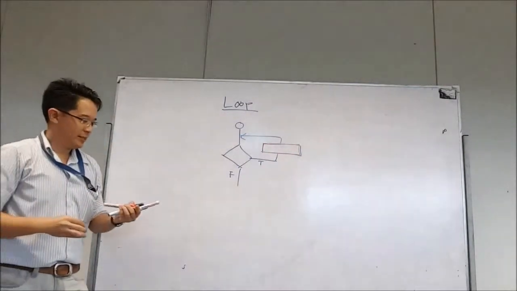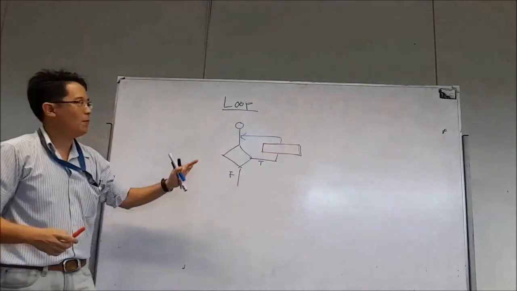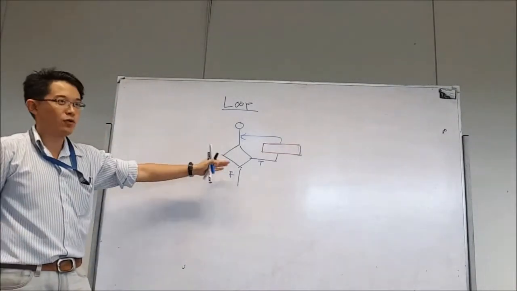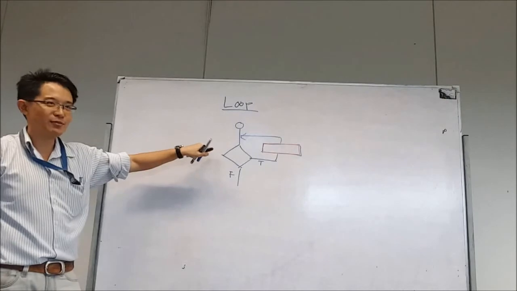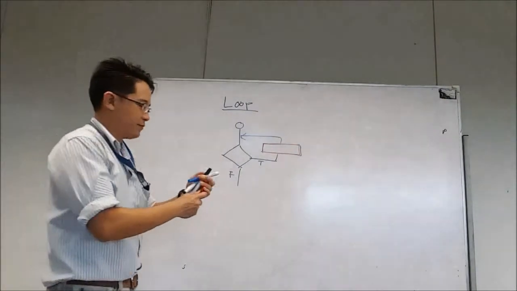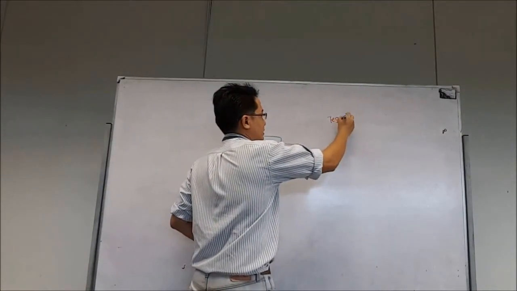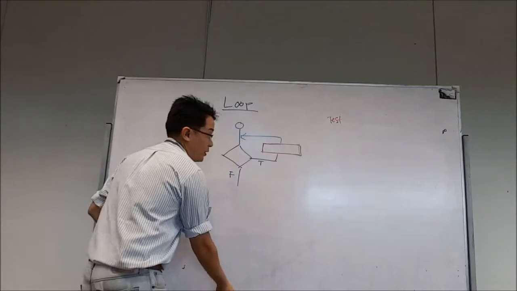Now, there are three types of loops. They are all more or less the same, actually. Want to repeat or not? If you repeat, that's what you do. What are the three different types of loop? Do you want to test first or test later?